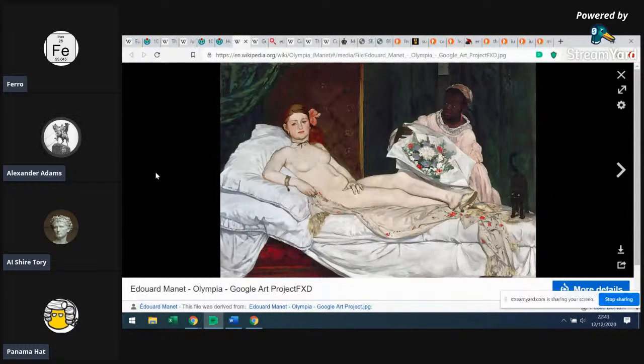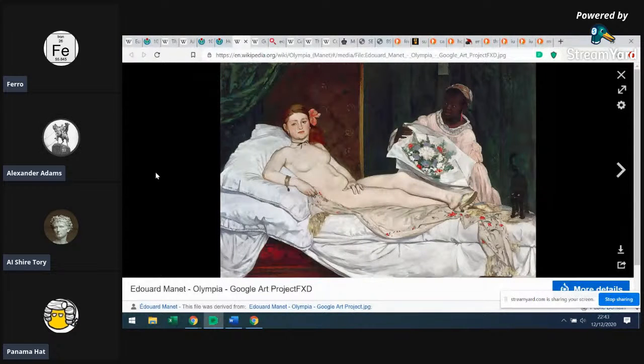And this was seen as an affront to the viewers because it was seen as a parody of a famous painting by Giorgione of Venus. And this was obviously not Venus. This was basically what they thought of as a common prostitute or a mistress. And here she's receiving a bouquet of flowers from an admirer, and she's staring out at us in a rather brazen way.